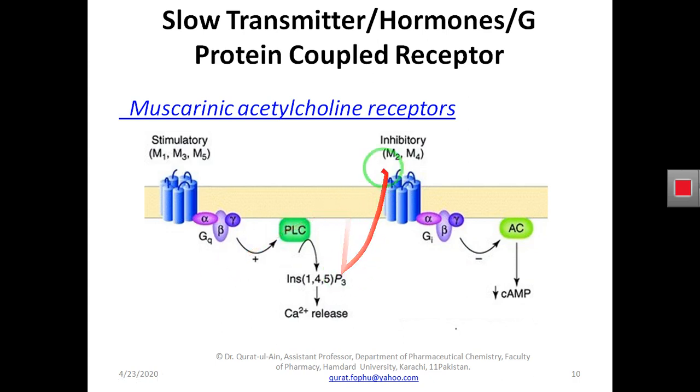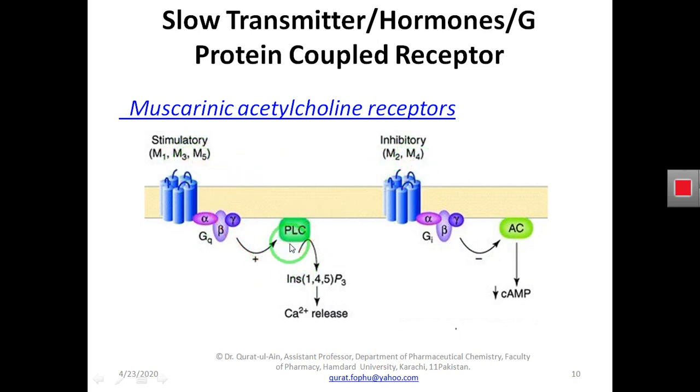One is PLC and one is AC. PLC is phospholipase C, and AC is adenylyl cyclase. So the G protein will activate either PLC or adenylyl cyclase. Based on this activity of the G protein, these receptors are divided into stimulatory or inhibitory.